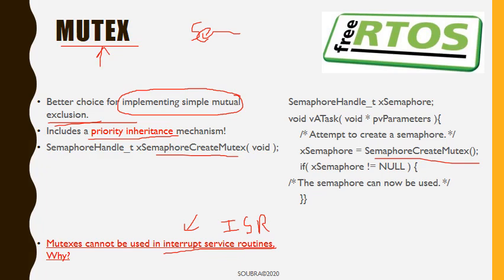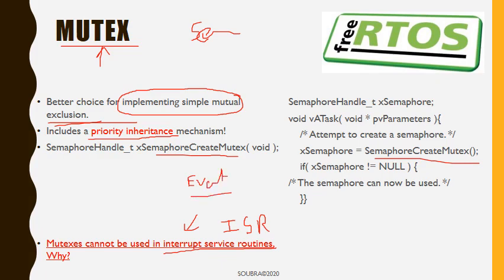This means that the task that takes the mutex is the only task that is allowed to give it back.